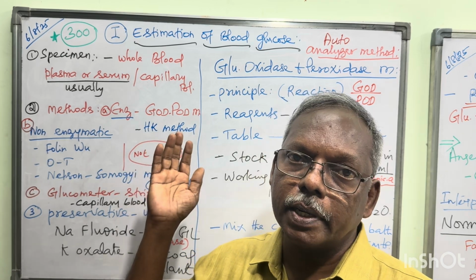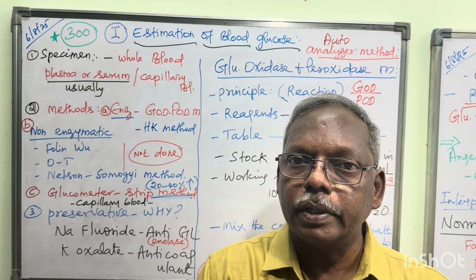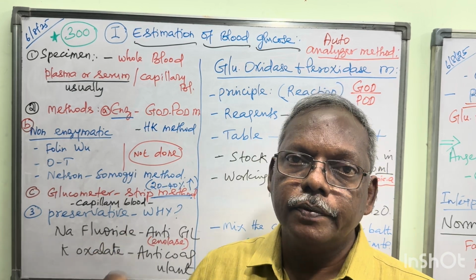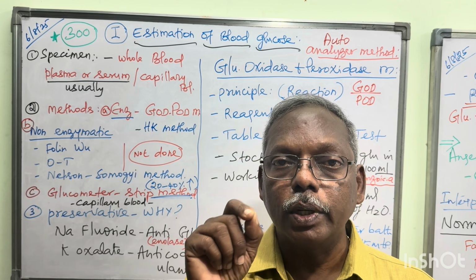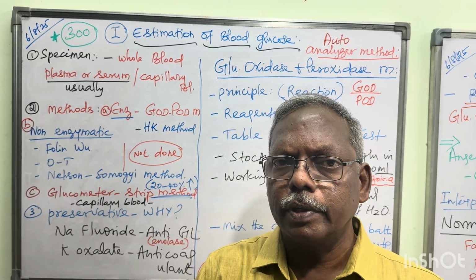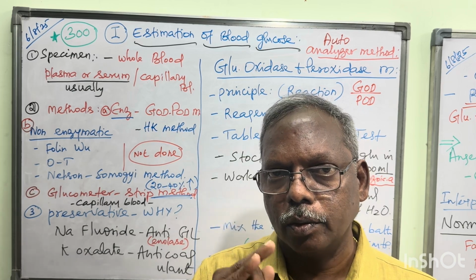Our aim is to measure the true glucose value, so we have to prevent glycolysis. That is why we add sodium fluoride, which inhibits the enzyme enolase. Very important MCQ question. Sometimes in the table viva also the examiner will ask the role of sodium fluoride and the role of potassium oxalate.